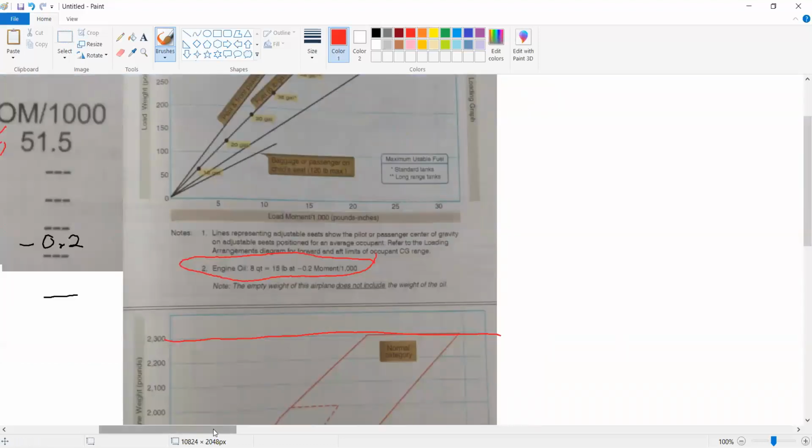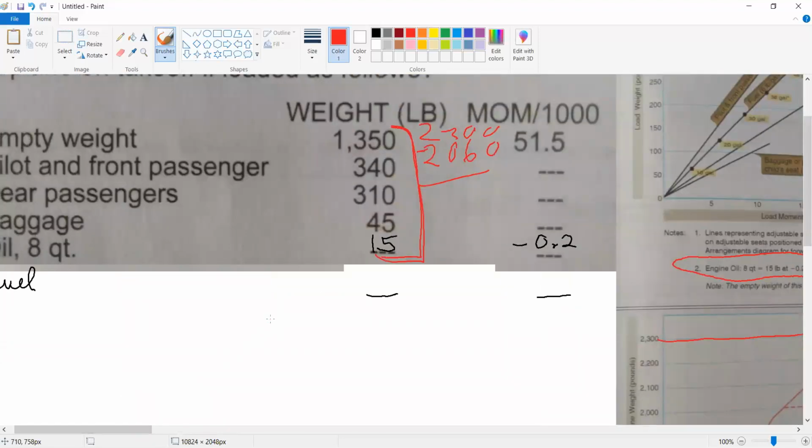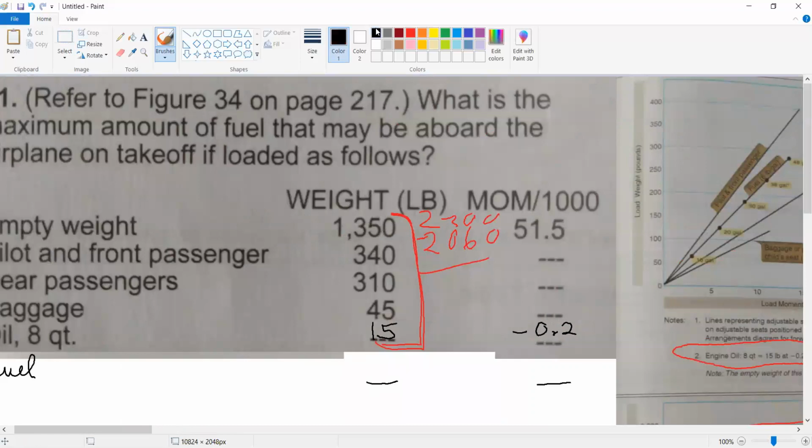And the max is 2,300, yes I did. It is 240 pounds. All right. So the weight for fuel is 240 pounds. That's great after we do the math.